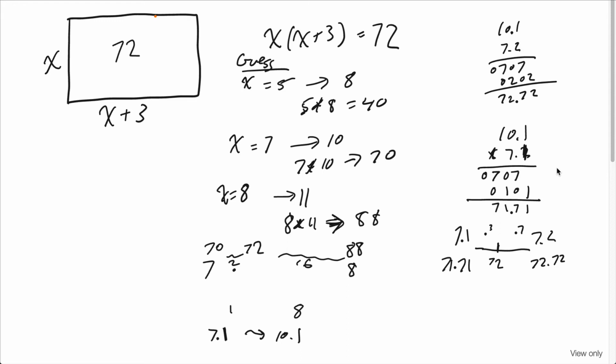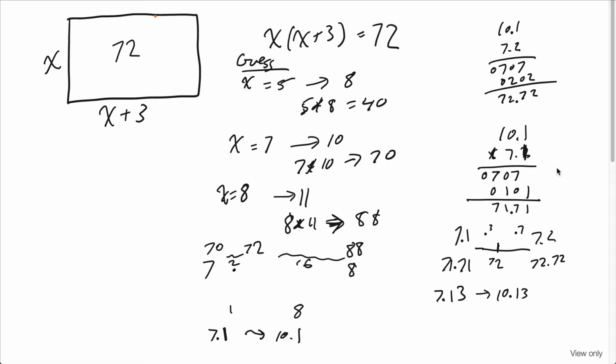Now 3/10 of that difference between 0.1 and 0.2 is 0.03. So then we would try 7.13 as our next guess, which of course leads to 10.13. And yeah, you could again do that multiplication, and since you've already done some of it, it's not too bad.